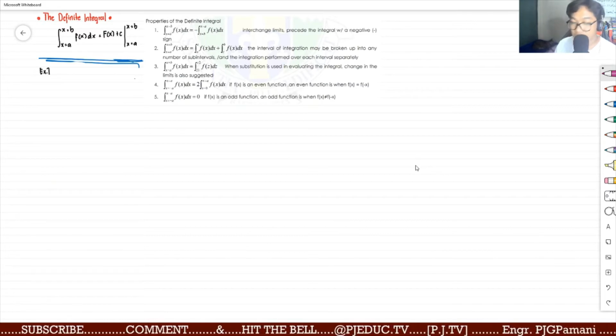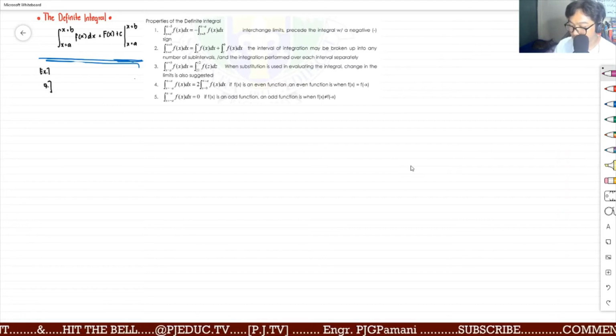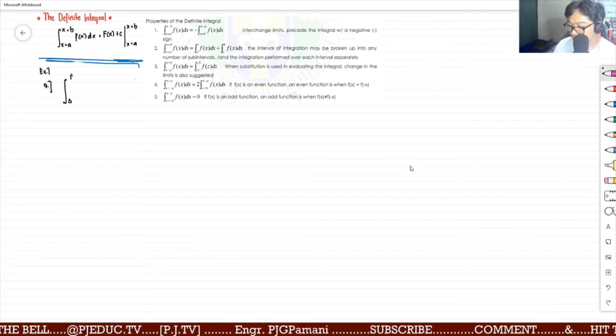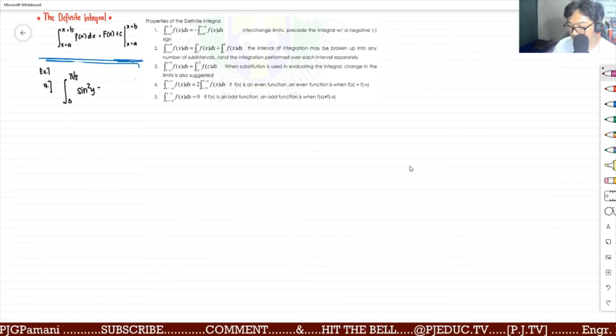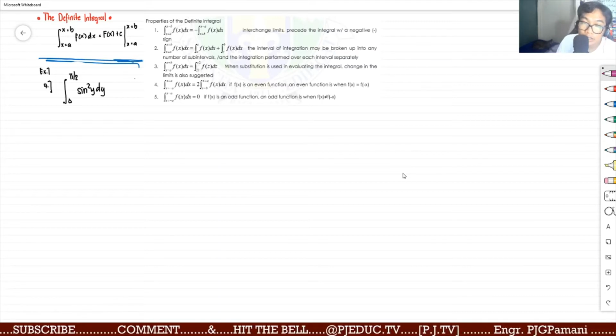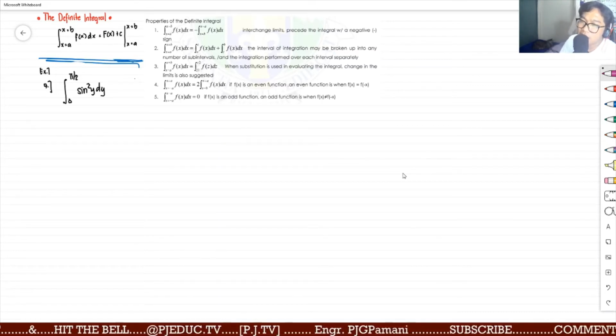Now, for this next example, what if you're asked to evaluate the definite integral from 0 to pi/2 of sine squared y dy? What is that? Again, basic integral formula.